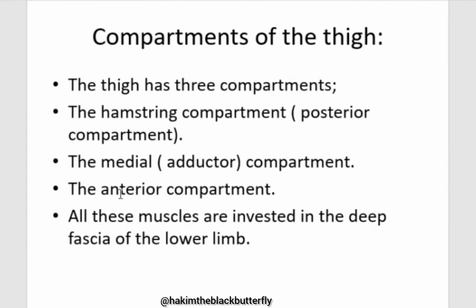The quadriceps flex the thigh at the hip joint and extend the knee joint. Sartorius flexes the thigh at the hip joint and also flexes the leg at the knee joint.